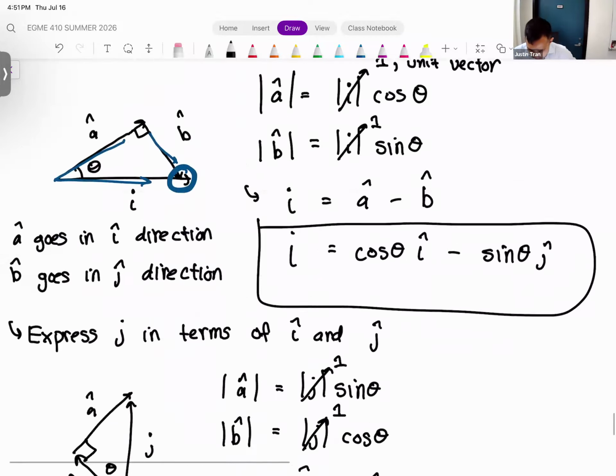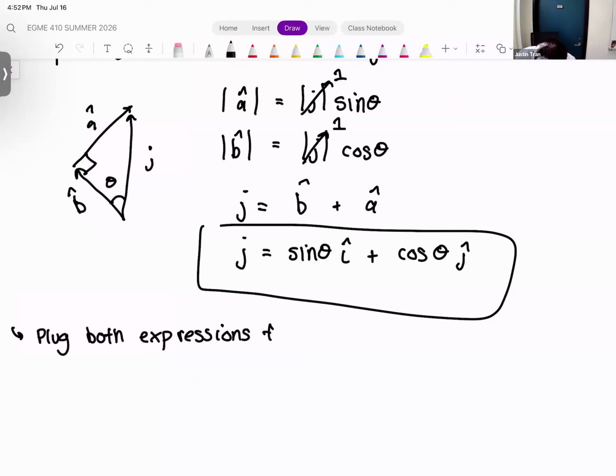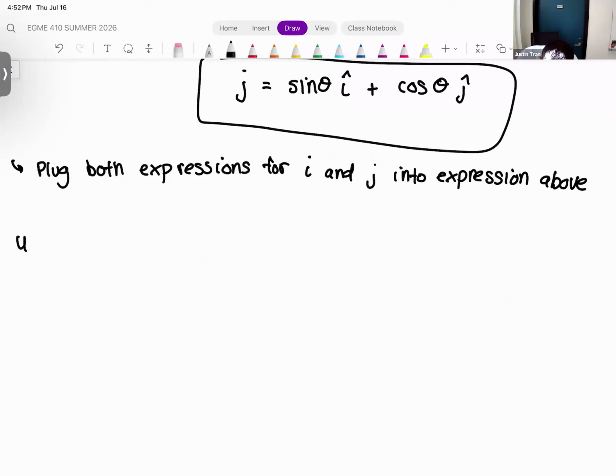Okay, so let's go ahead and do that. Let's plug both of these into our equation above. We get ux, right? Originally, ux was multiplied by the i vector, and so we're going to plug in for the i vector now.